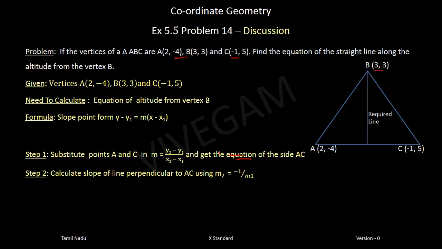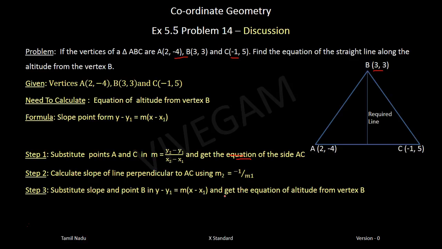So whatever slope you get, let's say you get 4, it will be minus 1 by 4. That will be the slope of the line perpendicular to AC, which is the required line. Then you have the slope of the required line from step 2, and you already have one point on it, x1, y1. Using those two pieces of information in the slope point form, y minus y1 equal to m into x minus x1, you can get the equation of the straight line.